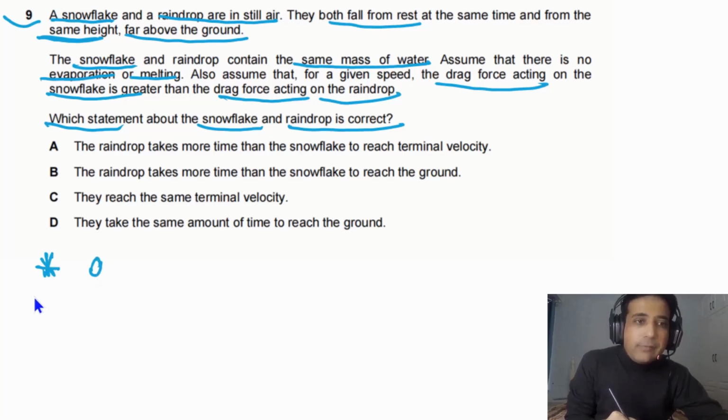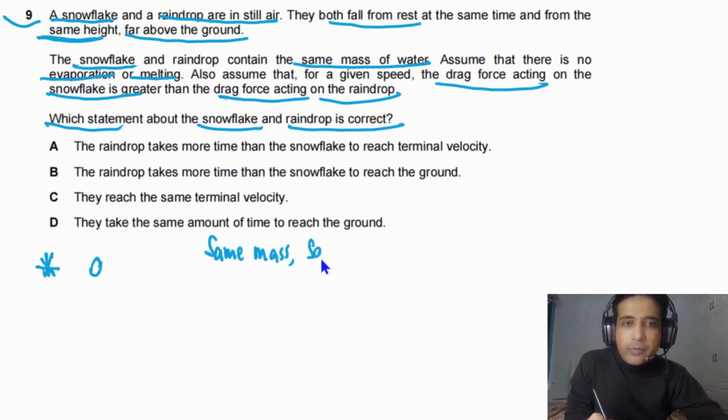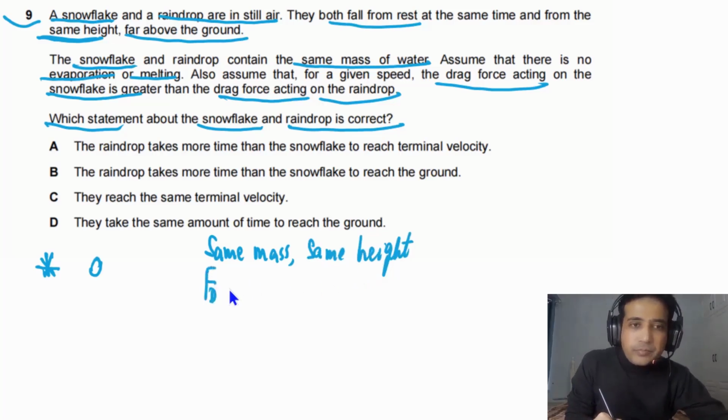They have the same mass, so we can write down here first of all, both of them have the same mass, and they are dropped from the same height. So we can write down same height, but drag force Ft is greater for the snowflake.